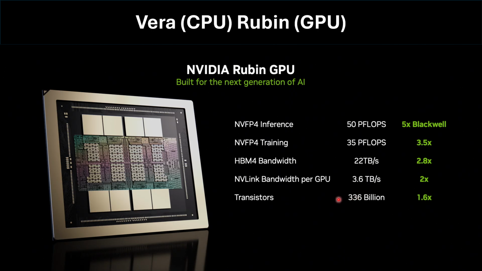Also the number of transistors is 336 billion, which is 1.6 times more. So we see that the basic things are at least doubled, and there is also a significant increase in the tensor cores; the tensor core architecture is much improved in comparison with Blackwell.